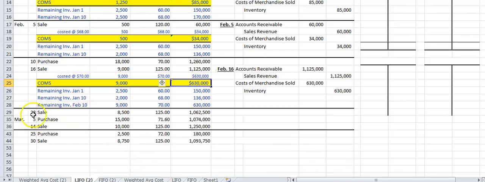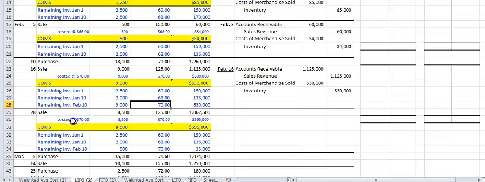So now we're going to do another sale, and this one is on February 28. We have the layers identified up here. 8,500 was sold. Well, this layer is going to satisfy the whole thing. So we know we're going to cost it all at 70.